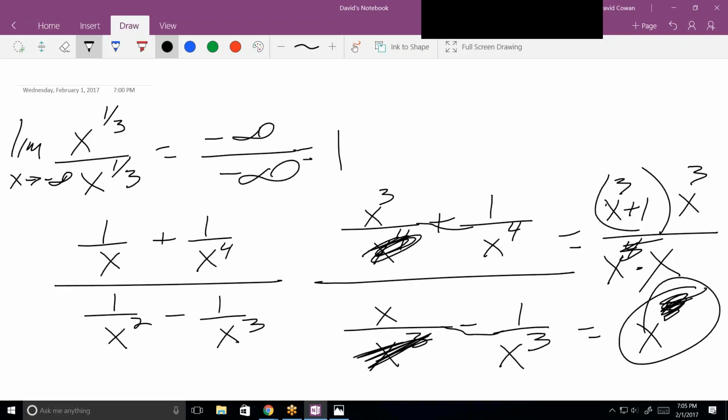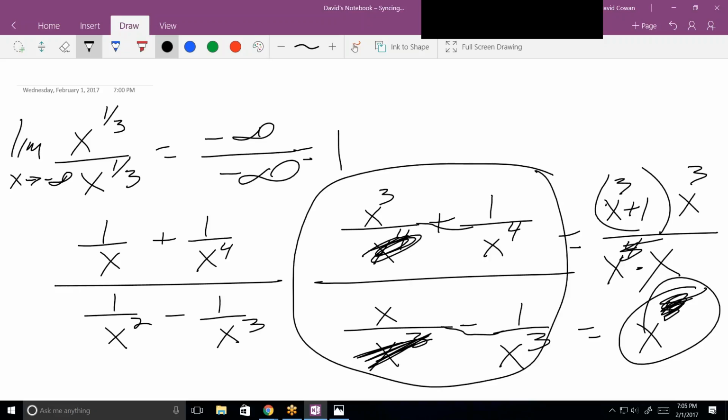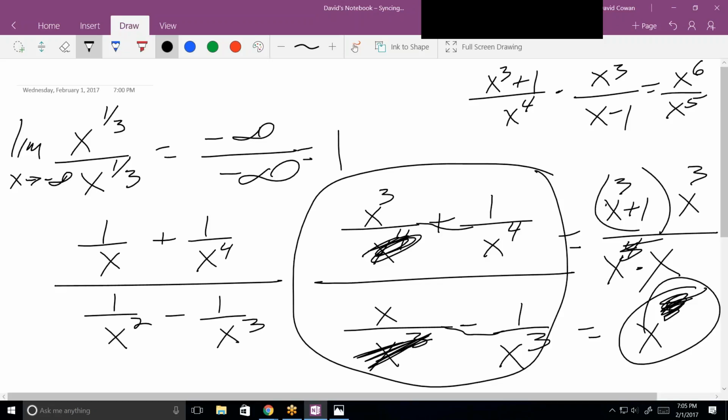Still is going to go to infinity. Yeah, you got to do the math right. I didn't do the math right. In other words, I've got x cubed plus 1 over x to the 4th multiplied by x cubed over x minus 1, and that gives you x to the 6th in top, x to the 5th in the bottom, going to go to infinity.